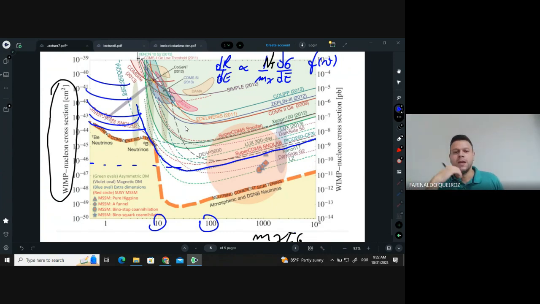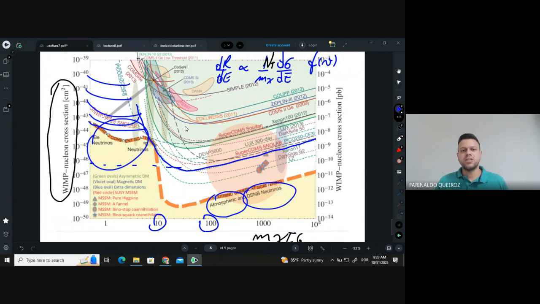Okay? So the neutrino floor is irreducible, so you cannot remove it. It will be there no matter what. The neutrino floor refers to an irreducible background from the standard model, which mimics the effect of a dark matter recoil. And that comes from the sun, this one in the left corner, and this one comes from atmospheric neutrinos, and these supernova neutrinos.